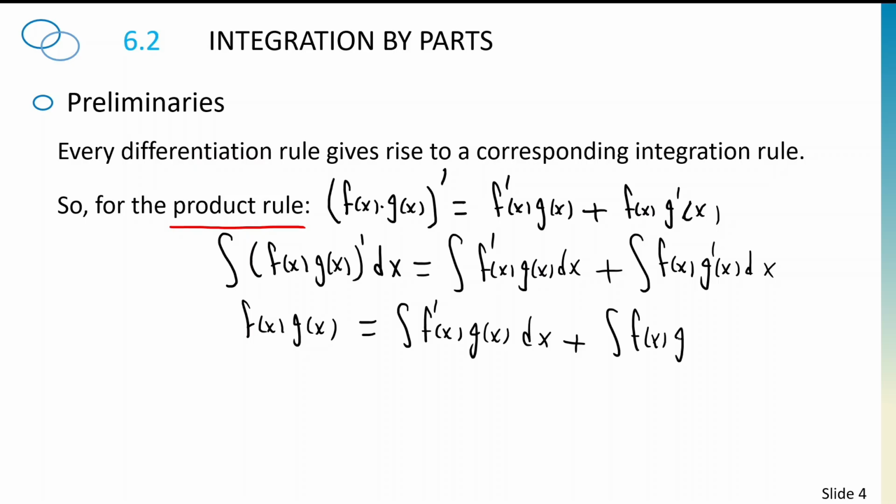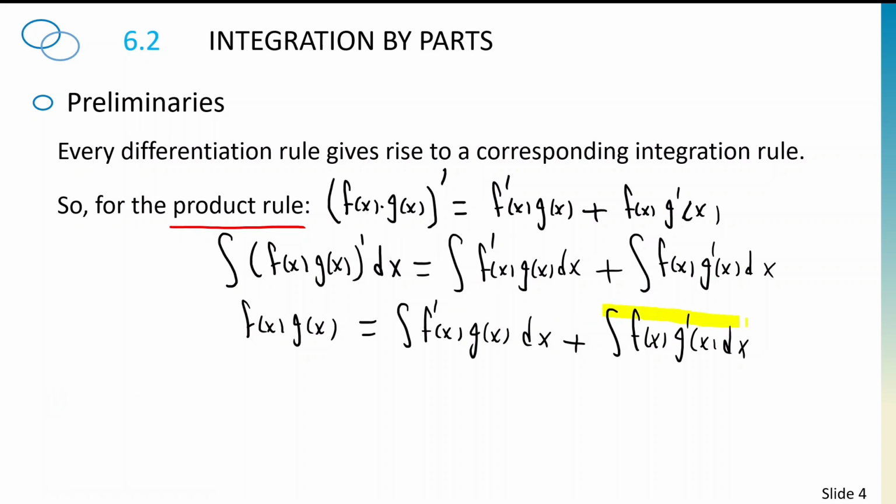The integral of f of x, g prime of x. Can I here just cancel the derivative? No, because there are two functions. One of them is a derivative, one of them is just the function itself. So I don't want to use the integration to cancel this derivative. I can't do this partially. It's multiplication, not addition.